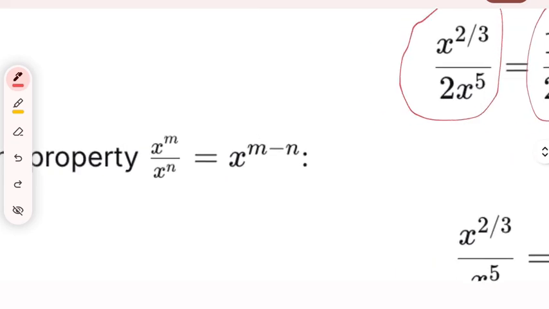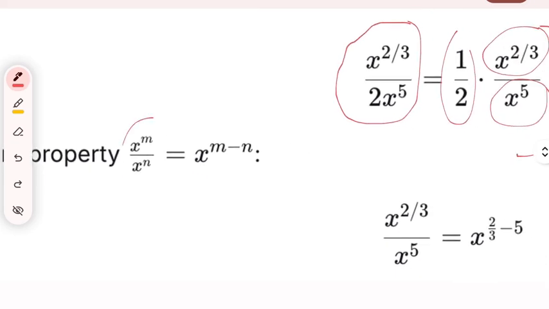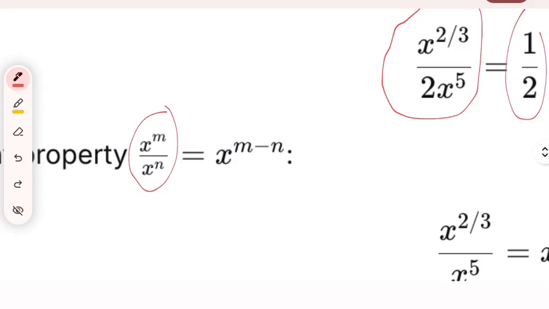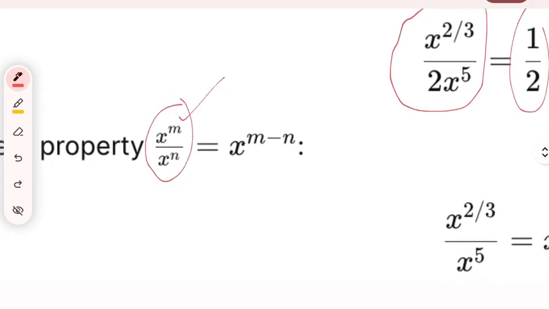Why? Because here we have x as the same base, right? This is x to the 2/3 divided by x to the 5th. Same base x. Therefore, if it is the same base x and it is divided, we can subtract the exponents.